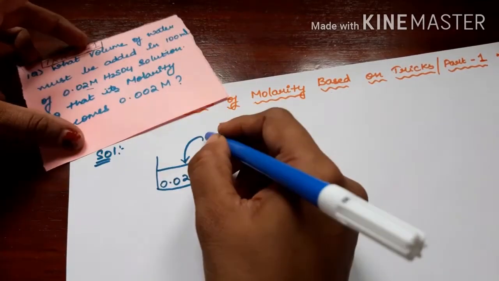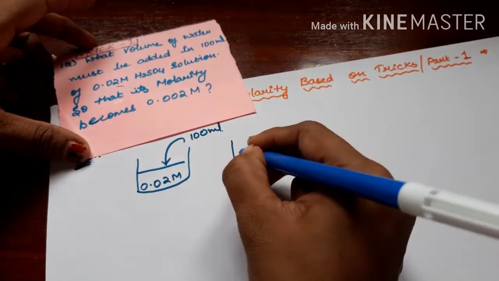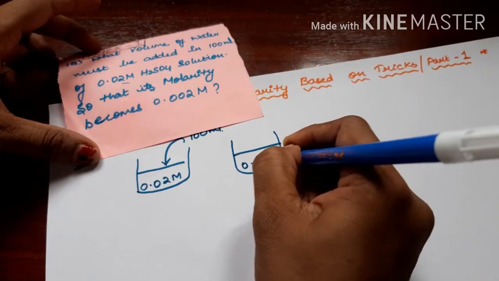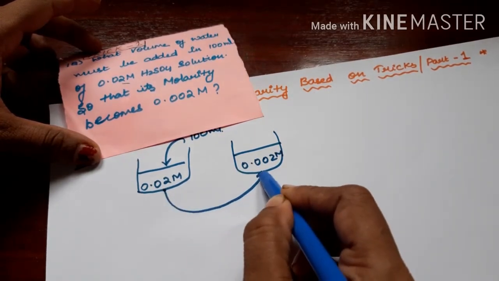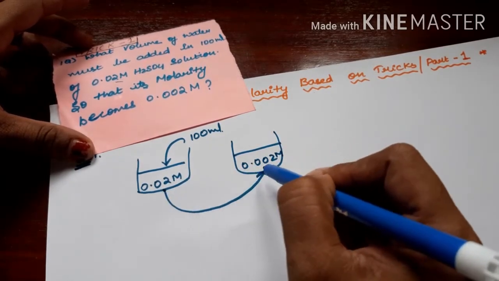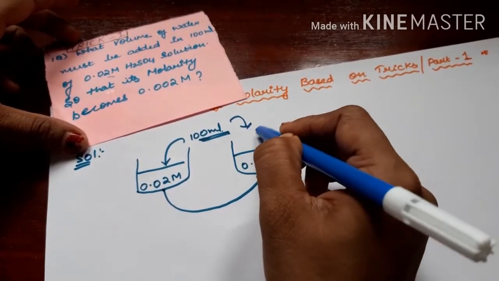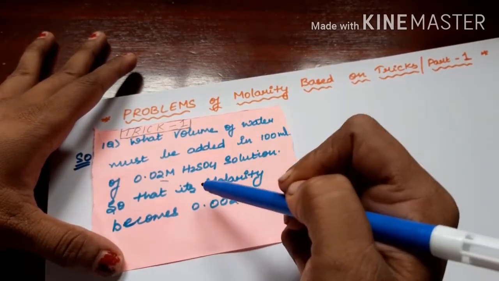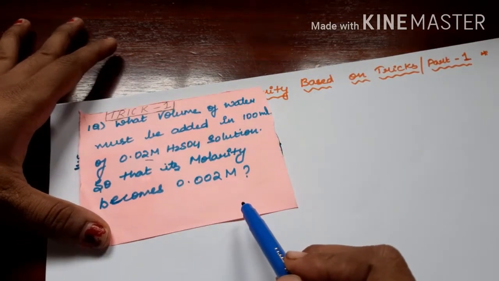In the other beaker, the molarity becomes 0.002 molar. To convert from 0.02 molar to 0.002 molar solution, how much water must be added? That is the question.